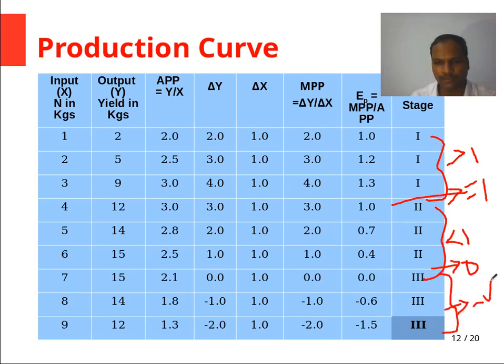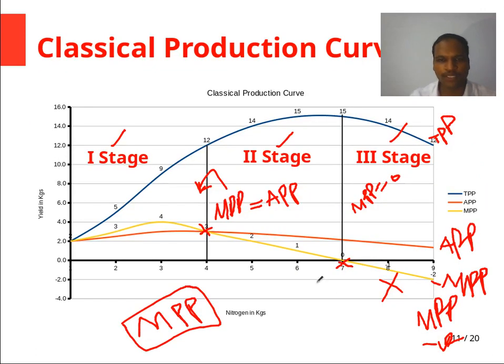So elasticity, we know, is calculated by the formula MPP by APP. So we can see it from the graph. MPP, this yellow line, is higher than APP.